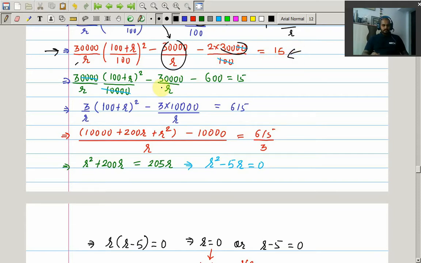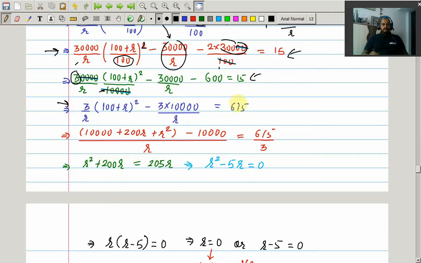So now this equation is in R. Simplify this. So what are the simplifications? This square will make this 100 as 10,000. So I've written 10,000, and this 10,000 cancels with 30,000. 3 is left here. And what else we can cancel is 100, so this becomes 2 into 300, so 600.